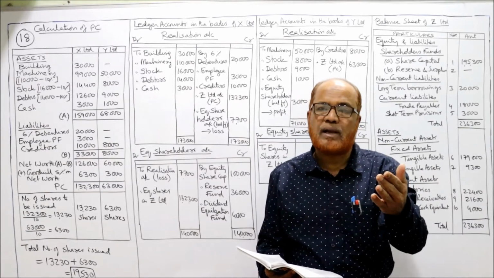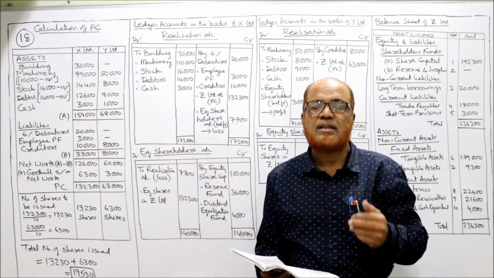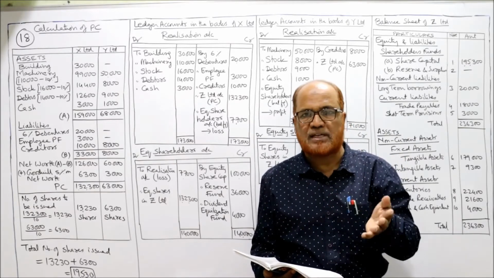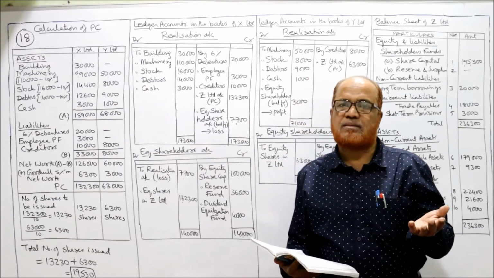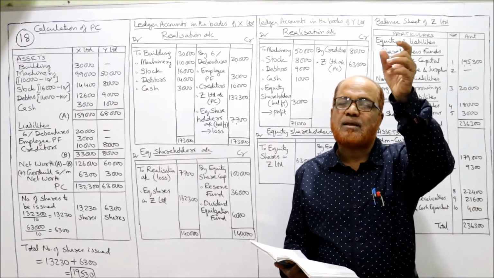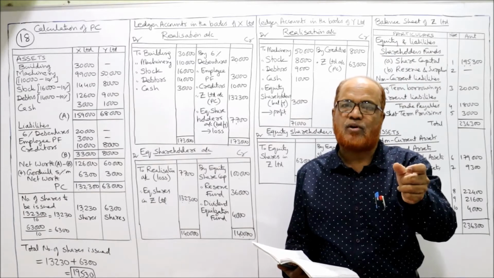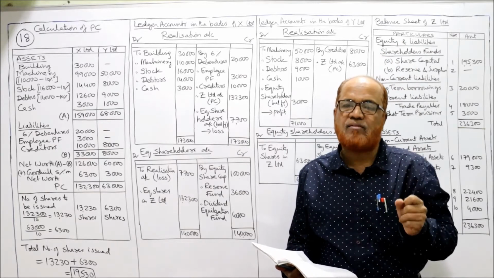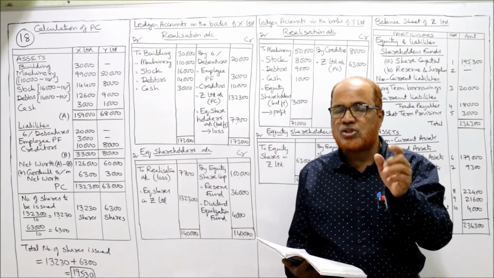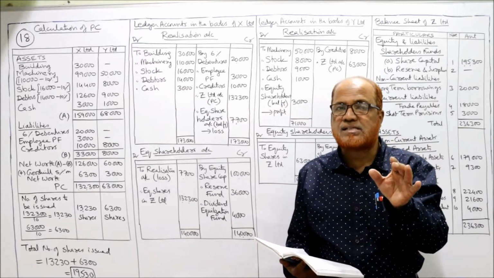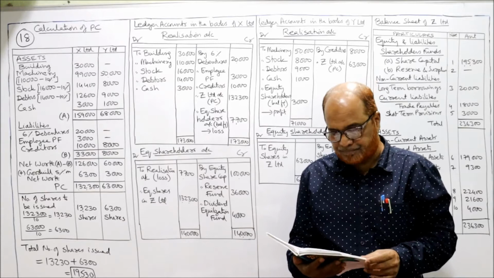And after adding goodwill, we'll get the purchase consideration of both X Limited and Y Limited. And what is net valuation? Net worth. How to get the net worth? Take the agreed value of all assets minus the agreed value of all liabilities. Remember, this 10% discount is only for X company, not for Y company.